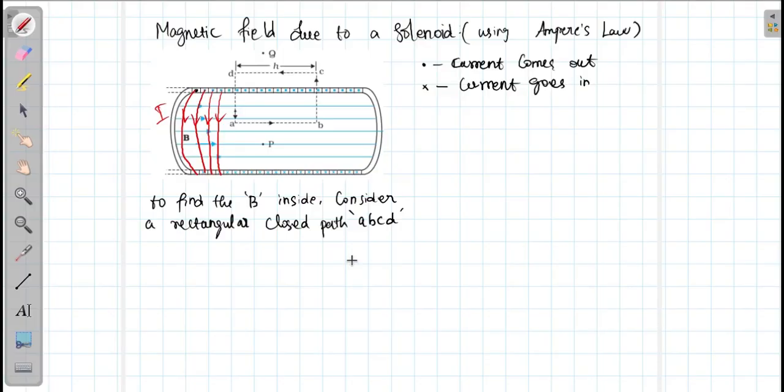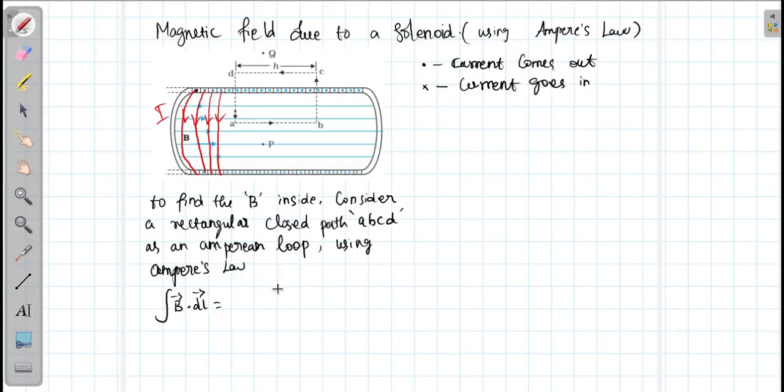Therefore, using Ampere's law, the line integral of the magnetic field around this loop ABCD is equal to mu naught I enclosed, the total current through the enclosed surface.